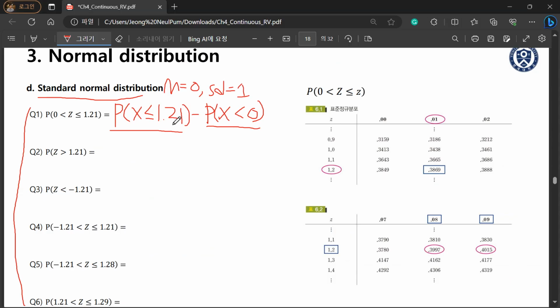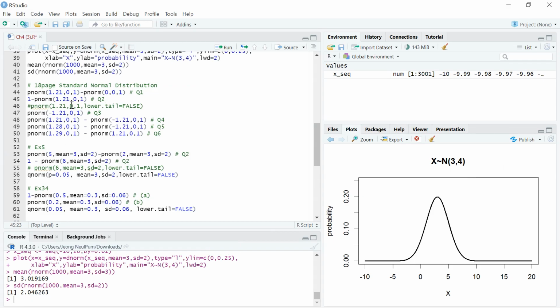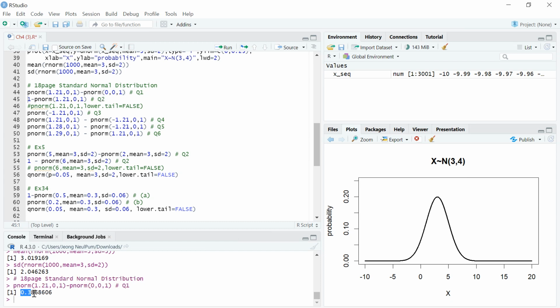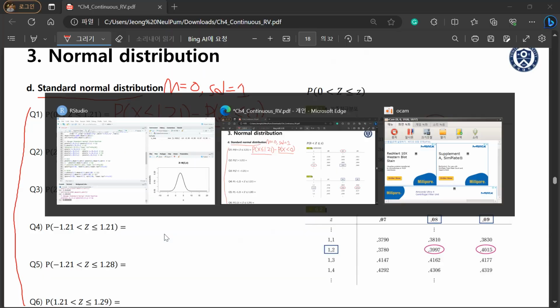And what we have to do is just set the x value as our target. So we want to get the difference between the results from each pnorm function. One is the situation where our target x value is 1.21, and the other is the situation where our target value is 0. So we can see that it is about 0.38.